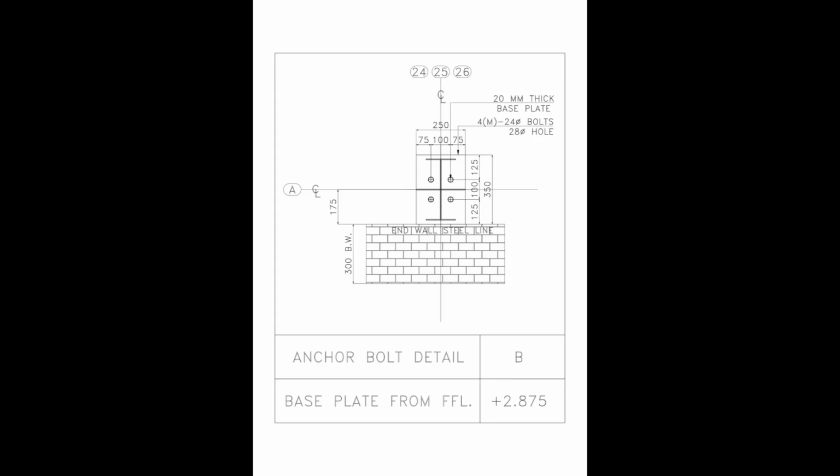The drawing also shows an offset of 175 mm from the reference grid line. Notice that the base plate level remains plus 2.875 meters from finished floor level. Whenever we read an anchor bolt plan, we should not assume that all columns use the same detail. Each detail reference must be checked individually.